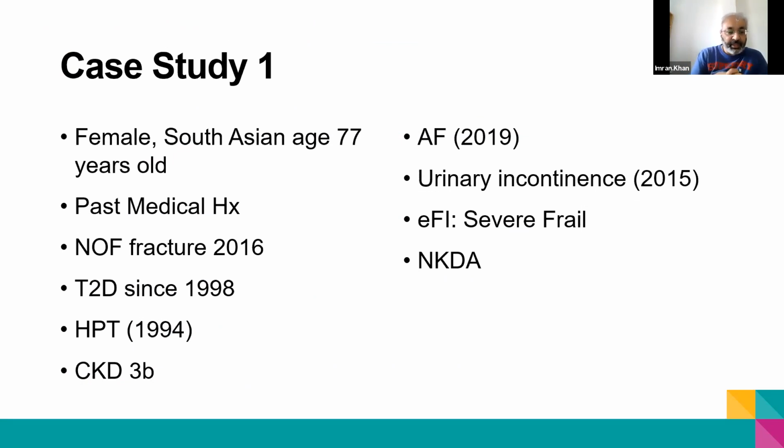They've had hypertension since 1994. They have chronic kidney disease, stage 3B. They were diagnosed with atrial fibrillation in 2019. They've been suffering with incontinence since 2015. They're coded as severely frail, and there are no known drug allergies.